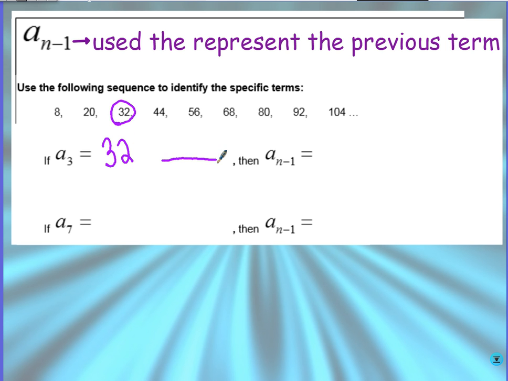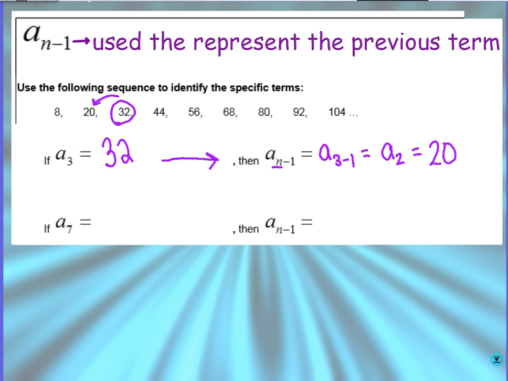Then a sub n minus 1 equals, well, notice that 3 is taking the place of the letter n. So if I put the number 3 in place of the letter n here, I would get a sub 3 minus 1. We can do 3 minus 1, so this becomes a sub 2, which makes sense. If we're looking at the third term, then the previous term will be the second. But you can see how we get that by substituting in 3 for n. Then a sub 2, the previous term, equals 20.